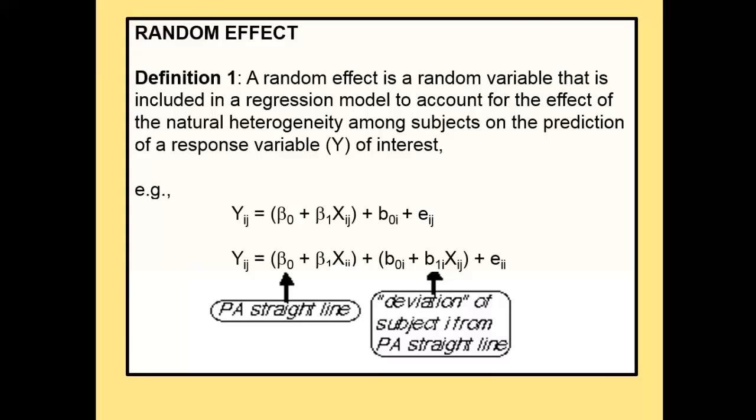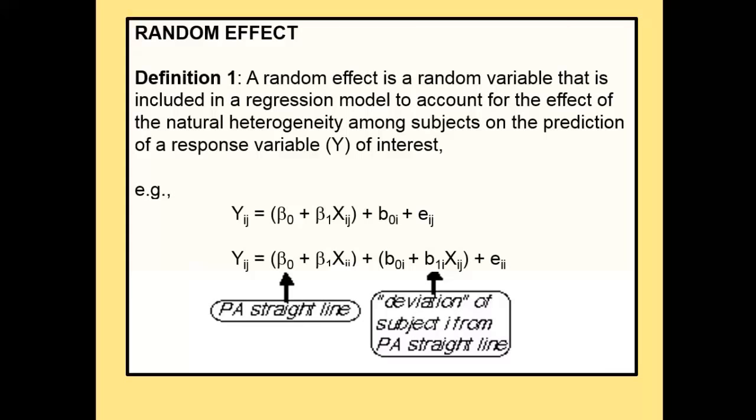Now the B0i, if you think about it, is sort of like beta 0. Beta 0 is the intercept, and B0i is a little extra effect of the intercept. It's an extra something that has to do with the ith subject. It's how the ith subject might affect the intercept, or how the intercept may change for the ith subject.